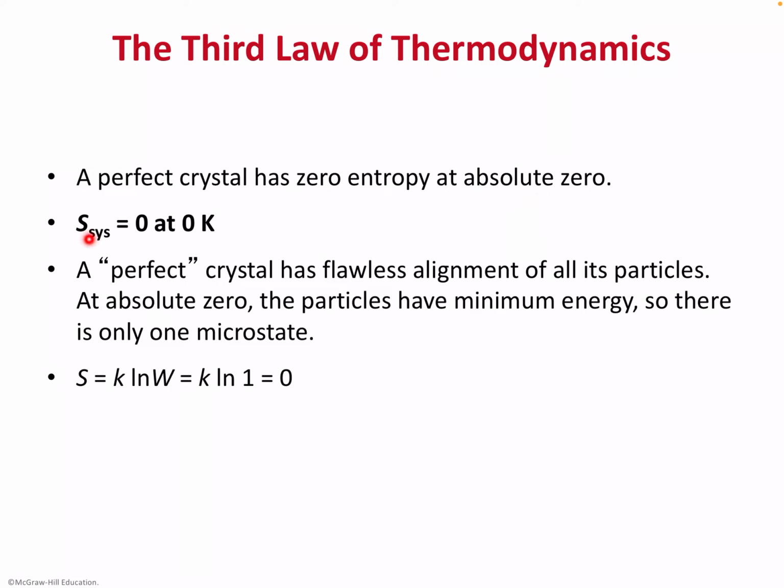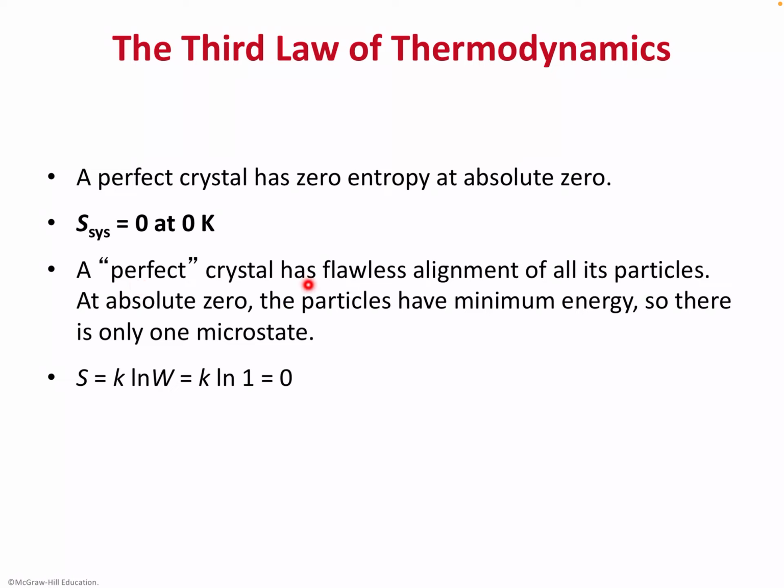Remember, entropy of the system we can measure using this equation: S equals K ln W. K is a constant, W is the number of microstates. If it is a perfect crystal at 0 degrees, there is no movement at all, so it has only one microstate. If W equals 1, ln 1 equals 0, so the entropy would be 0.